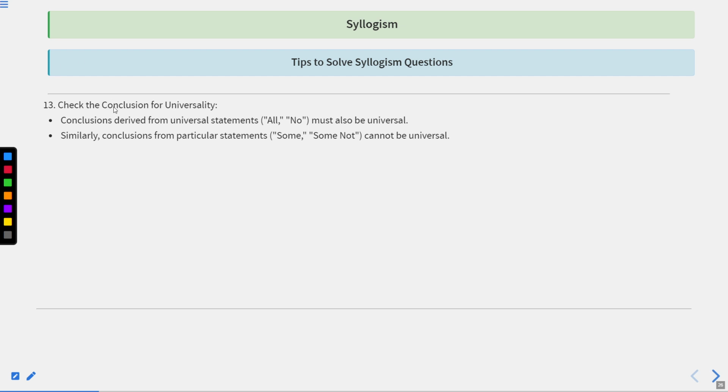Now, the conclusion derived from a universal statement, all or no, should also be universal. Very important.